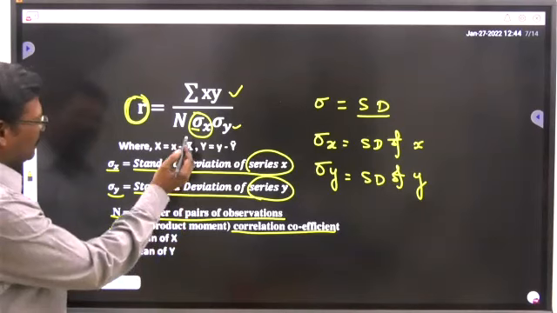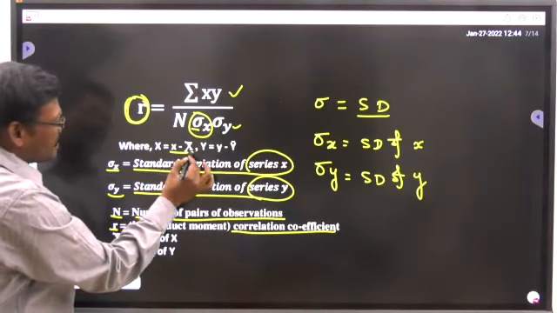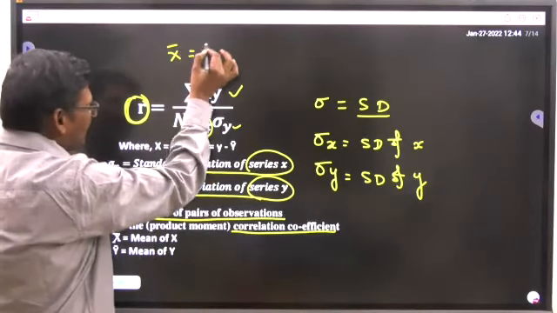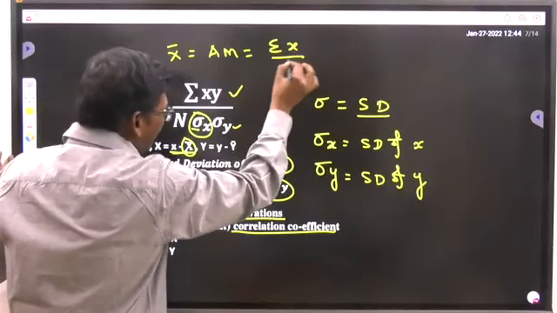And here x is nothing but x minus x bar. What is x bar? X bar is nothing but the arithmetic mean, that is sigma x by n.